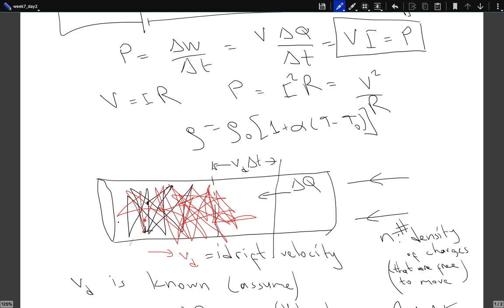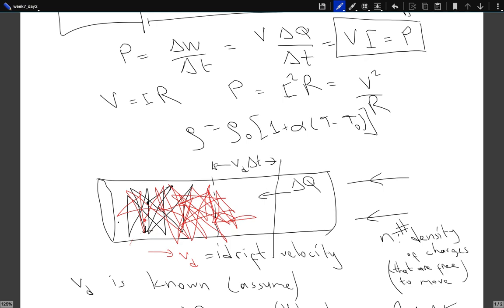So all the electrons within this volume will cross this area in a time delta T. That is the delta Q. So we are looking for the current, which we define as the charges passing through an area per unit time. So all the charges in this volume will cross that area, and hence contribute to my current. So then I need to calculate what is the total charge here.